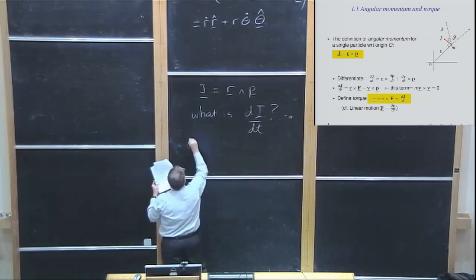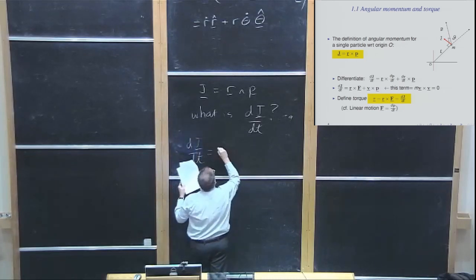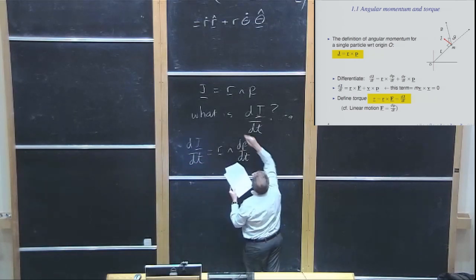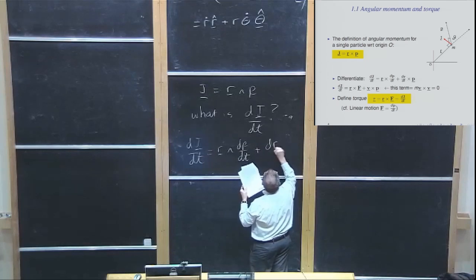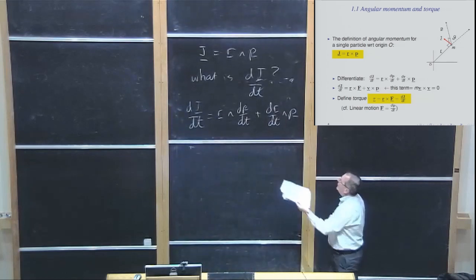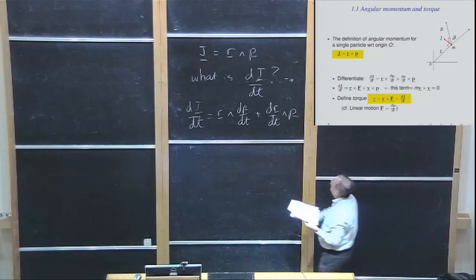Okay, so let us evaluate that. Firstly, r cross the rate of change of momentum, dp by dt, and then differentiating the r, dr by dt cross p. Okay, we squint at that for a little bit. We say, aha, dp by dt, we know what that is, that's just force.